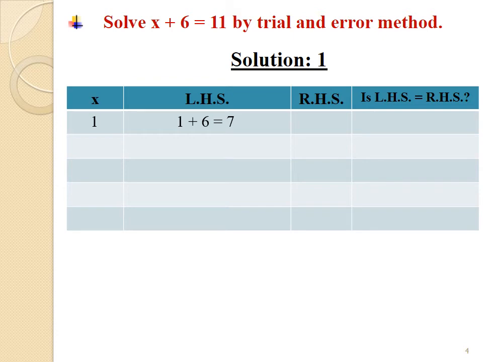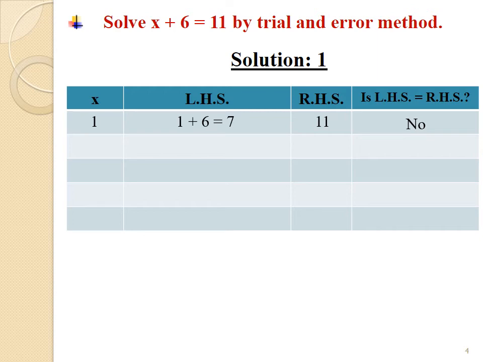On right hand side, 11 is given. Clearly, left hand side is not equal to right hand side. So, we have to write no, as 7 is not equal to 11.